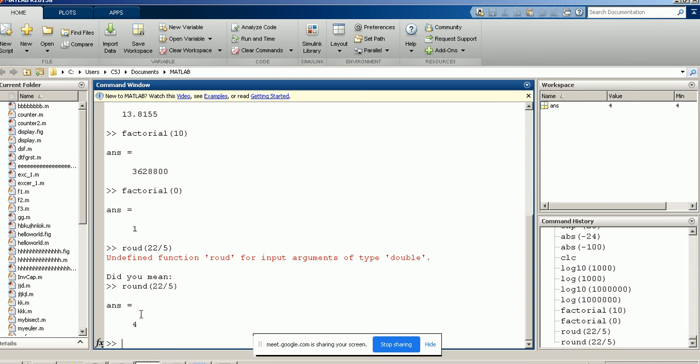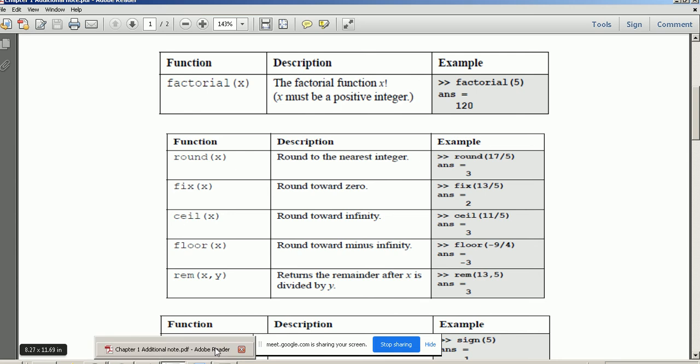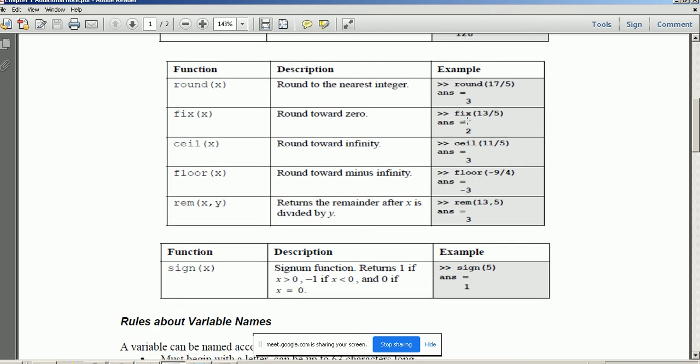If I write only 22 divided by 5, the result will be 4.4, as you know. But if I want to neglect the small fraction, I would just type round. Guys, this is very important before we enter the long codes. So you should memorize some functions which we need during the programming.